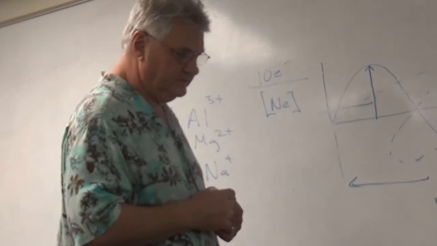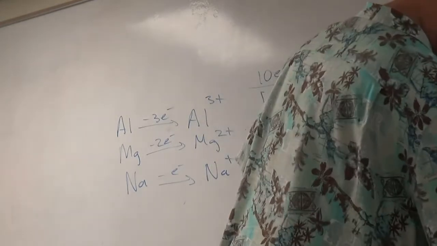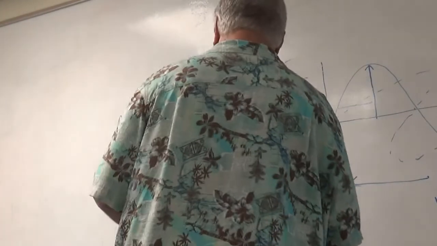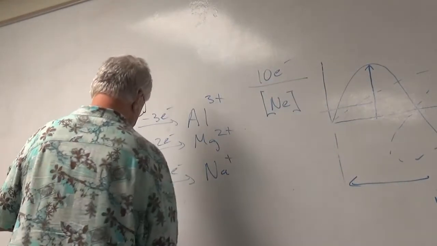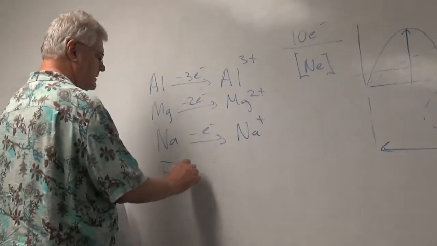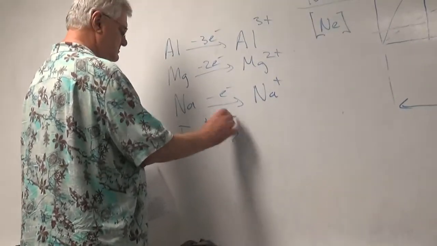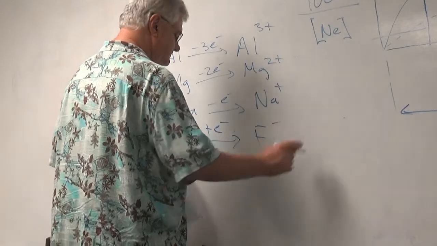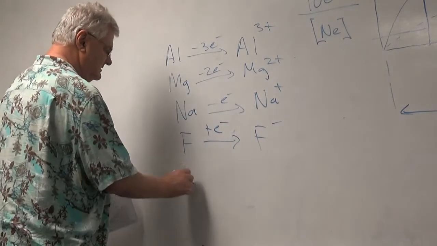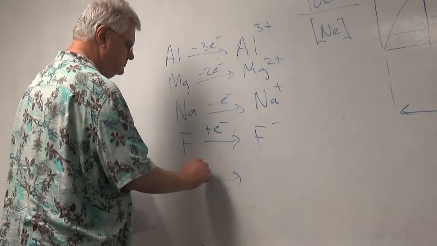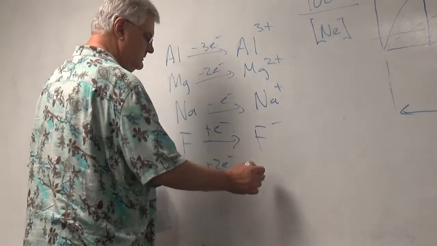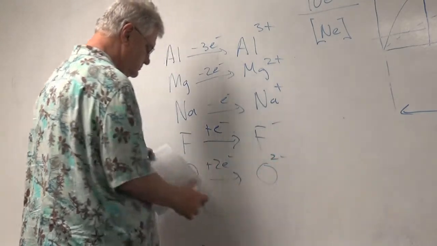Let's go to the other side of your periodic table. If fluorine gains an electron, you've got fluoride. Oxygen gains 2, you've got oxide.